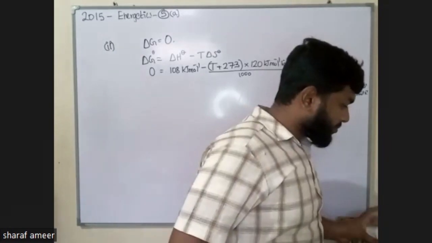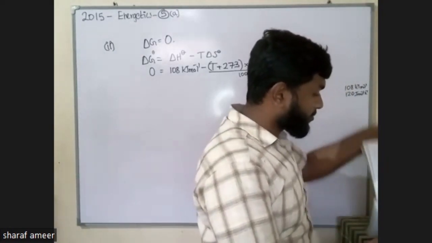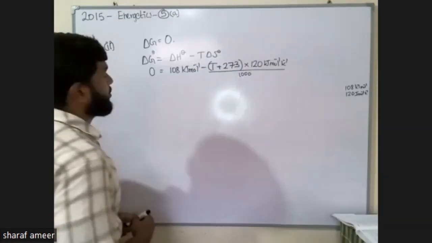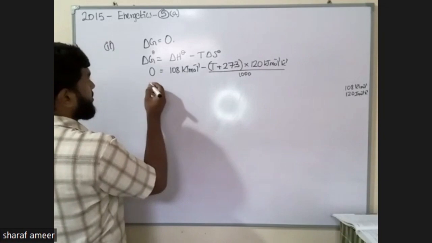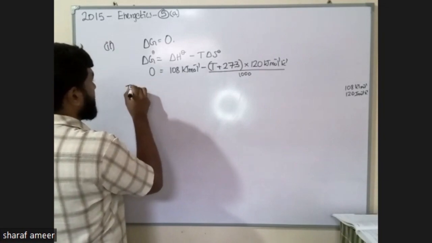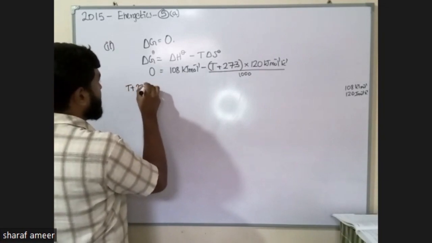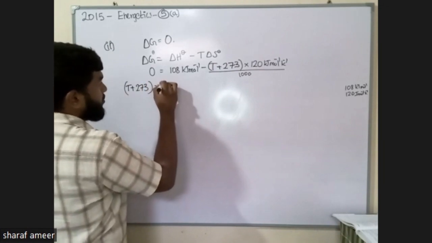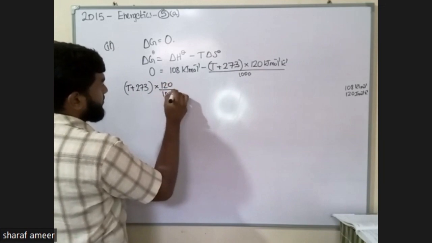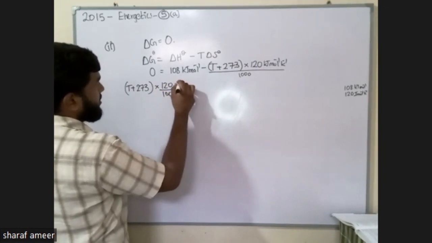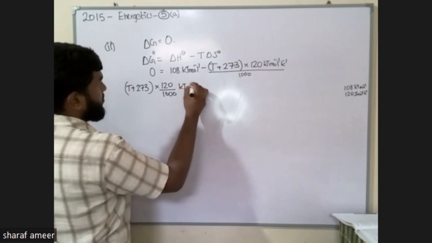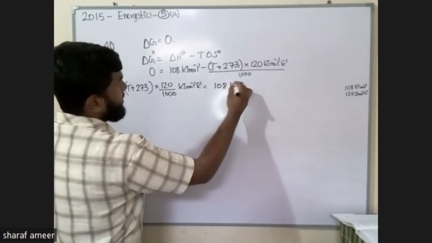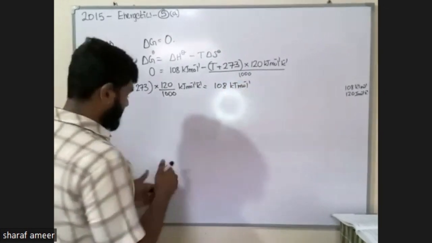So by simplifying, T plus 273 into 120 over 1000 kilojoule per mole per Kelvin is equal to 108 kilojoule per mole.